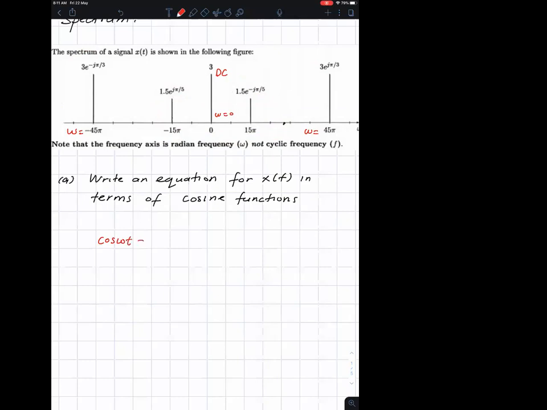Cosine omega t, you know, from the Euler, is 1/2 e to the j omega t plus 1/2 e to the minus j omega t. You guys know this. This is the thing that's being displayed here, and it's called spectra.